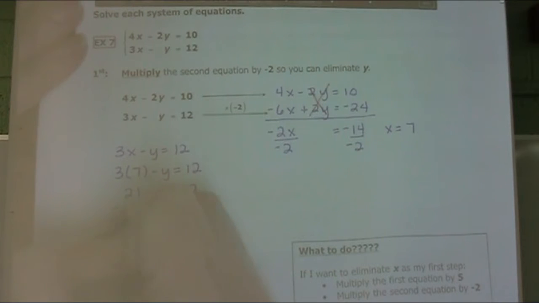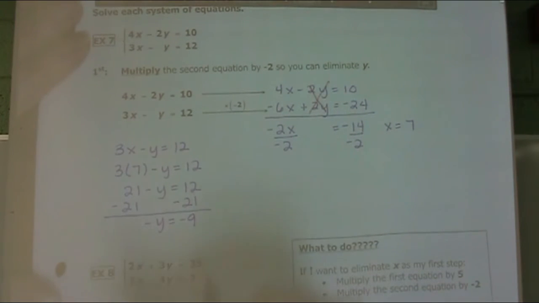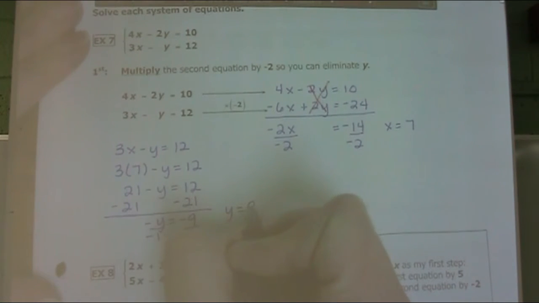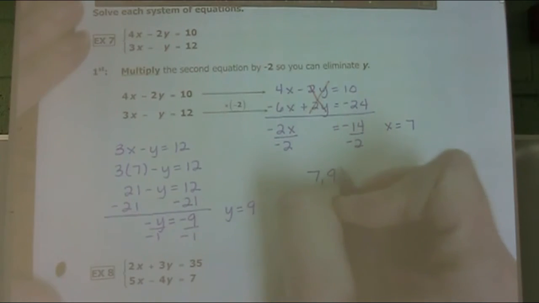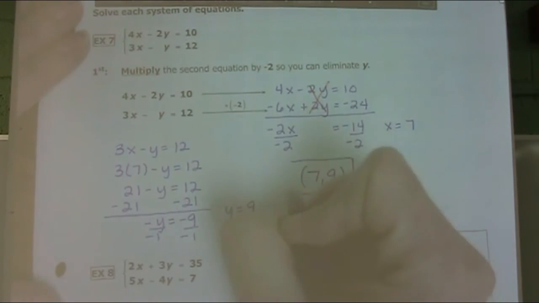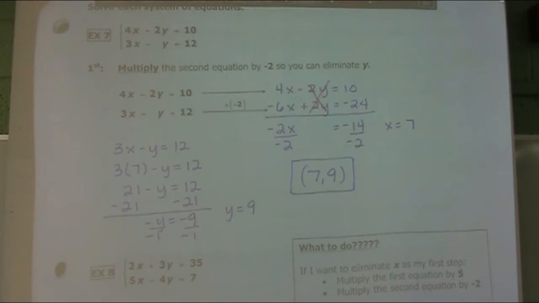I'm going to subtract 21 from both sides, and I have -y equals -9. I'm going to divide both sides by -1, and I get y equals +9. So my solution is 7, 9, in parentheses, or a box around it so you know where your solution is.